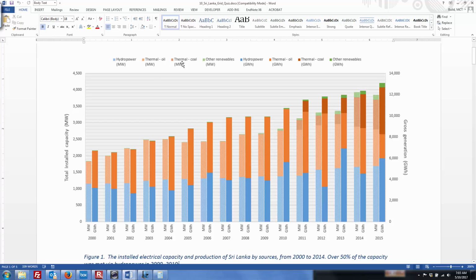You can also see that coal has been coming online recently. Here's the coal portion. Other renewables are fairly modest, but we're seeing growth. And I think what we can also see is that in general, the demand for oil has begun to diminish. So I think this will soon be gone. I'm a little surprised to see this much coal, and I'm also surprised to see no gas turbines in Sri Lanka, because these are becoming more prevalent as natural gas is coming online. Okay, so that's that question.